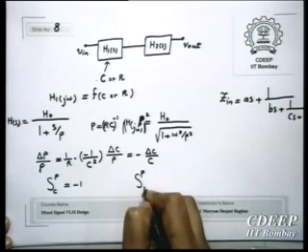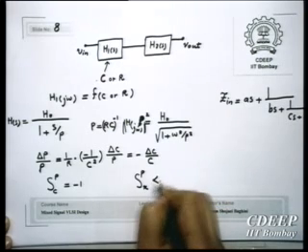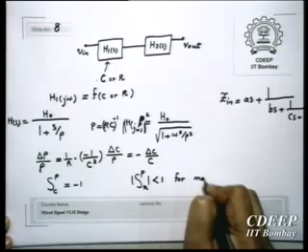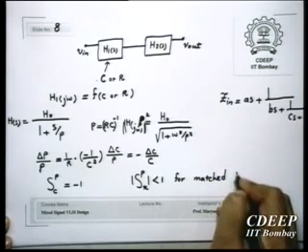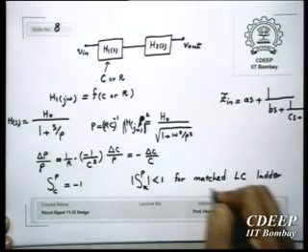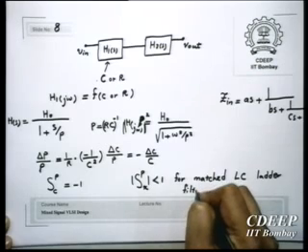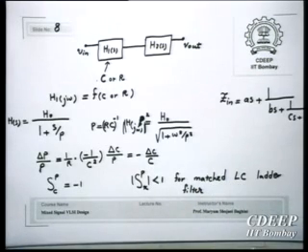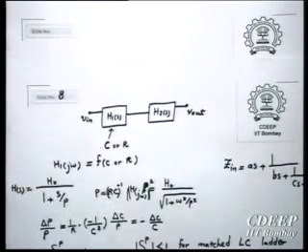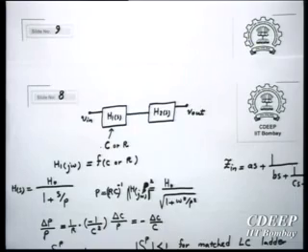So the sensitivity of any performance parameter to X, the absolute value of this, will be less than 1 for a matched LC filter. And if it is not matched, it will be much larger than 1.